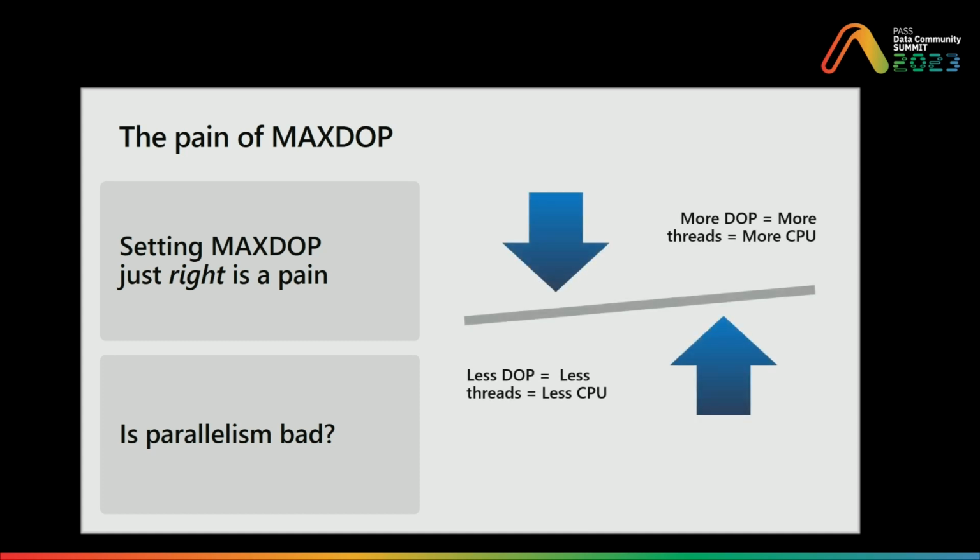When we first started designing and thinking about the DOP, we always had in mind the max DOP. So what is the maximum degree of parallelism that I can use to make your query run faster? And it goes without saying, more DOP means more threads, which means more CPU. And on the other hand, less DOP means fewer threads, less CPU.